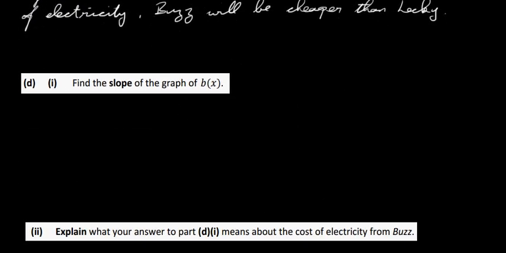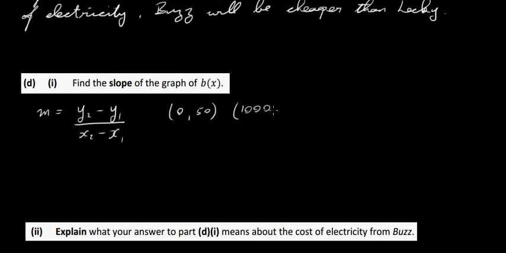Well, to find the slope of a straight line, we have a slope formula. We know that m is equal to y2 minus y1 over x2 minus x1. The difference of the y's over the difference of the x's, or the rise over the run. Now our 2 points are 0 and 50 was 1 point, and the other point was 1000 and 325, I think it was, yeah. So let's say this is my x1, this is y1, this is x2, this is y2.